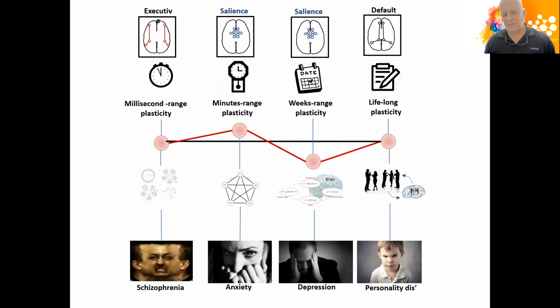And if you go deeper into this kind of formulation, you can see that it begins to make sense, also combining the different phenomenologies. So we know that personality disorders manifest with depression.